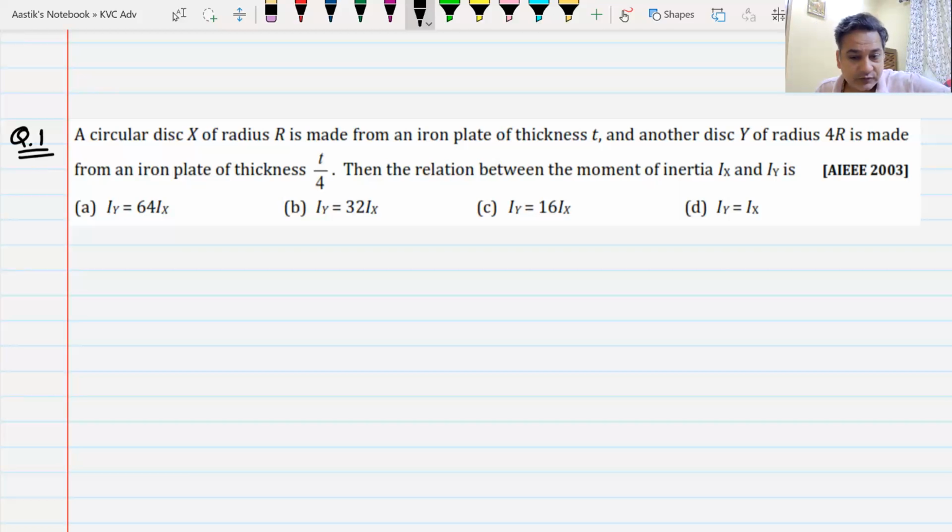And if you go about doing it, you might end up in big trouble because that might ruin your entire paper. So moment of inertia is one topic from which, if a question comes, there is a 95-98% chance that you would be able to do it. Whether it's a JEE Main paper or a JEE Advanced paper, you should be able to do a question from the moment of inertia part.